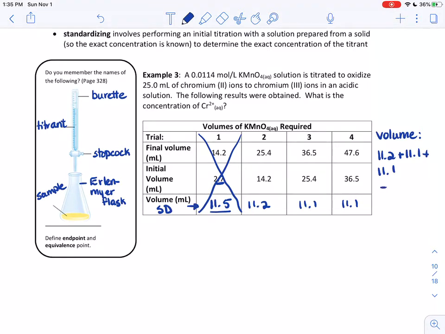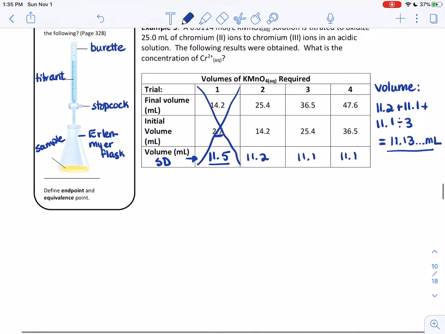It's better to have 3. It just makes sure that you're not making a lot of mistakes. So what I do here is 11.2, 11.1, 11.1 divided by 3, and that gives me an average of 11.13... mLs. Okay, so I've condensed all the information in the table into one number here. All right, so now that I've dealt with the table, let's go and see what problem I'm solving.